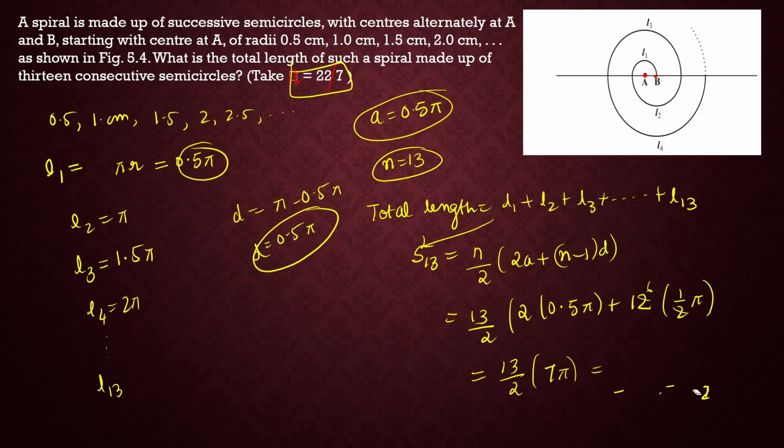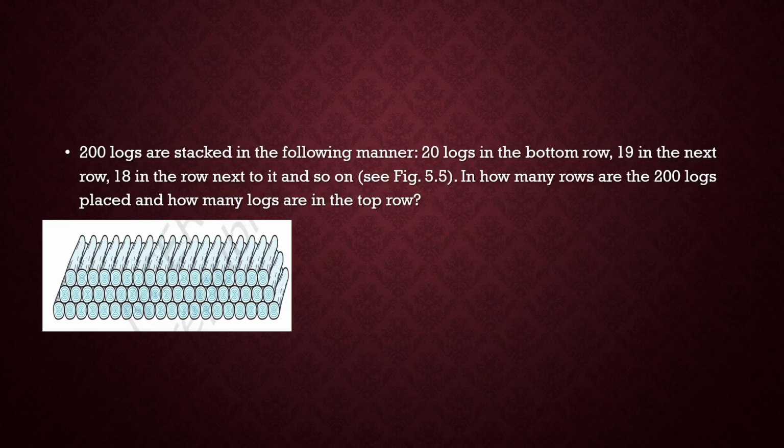Here only I'll substitute the value of pi as 22 by 7. 7 and 7 will get cancelled. 2 ones are 2, 11s are 13 into 11, that is equal to 143 centimeters. So this is the total length of the given spiral.